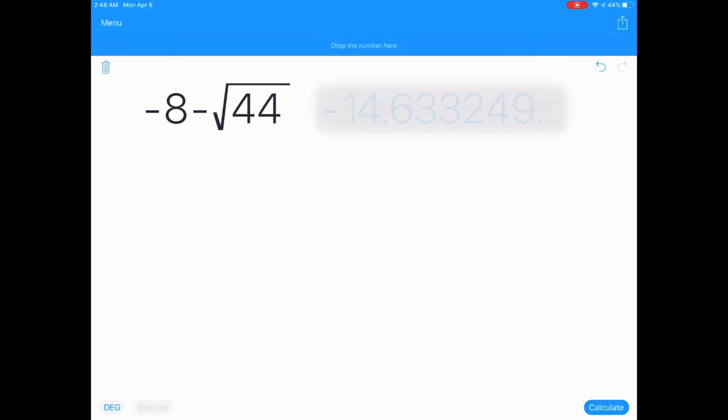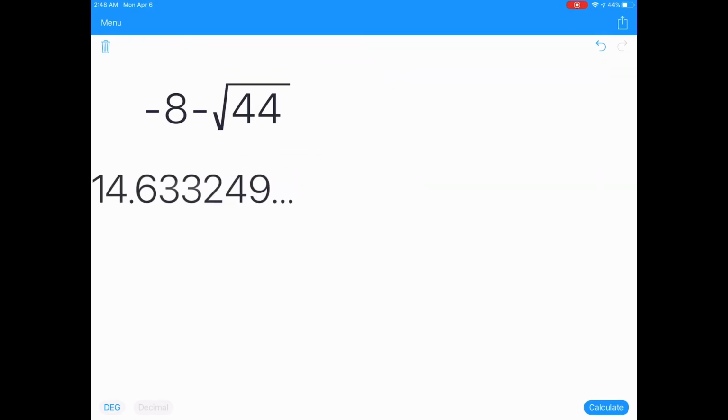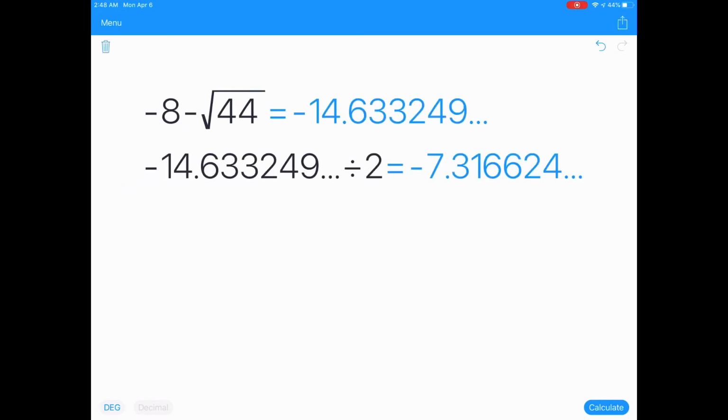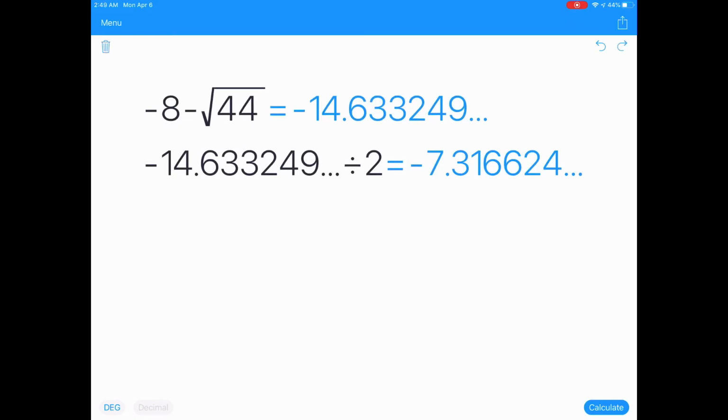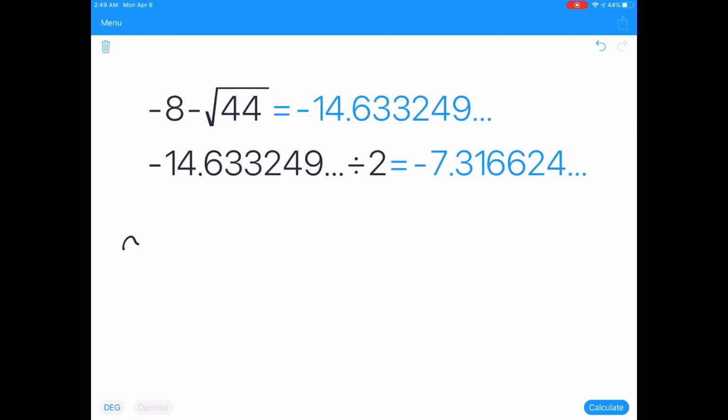I'm going to keep that in my calculator, and then we're going to divide that by 2. And so there we have it. We have negative 7.316624. If I round that, that's going to be negative 7.32.